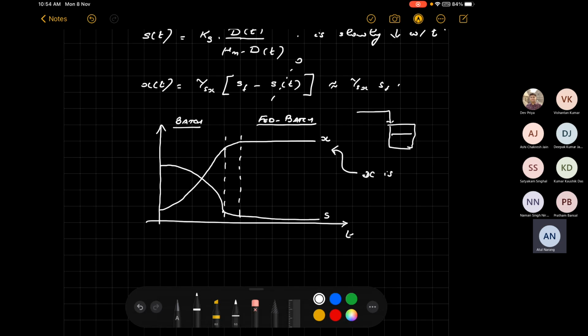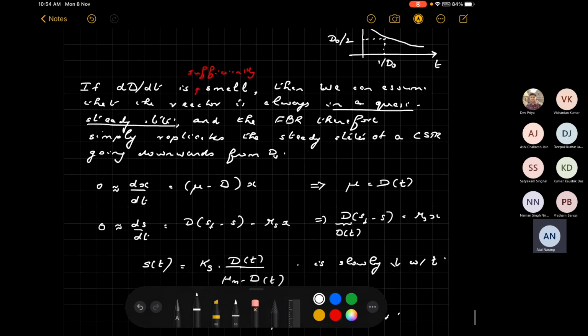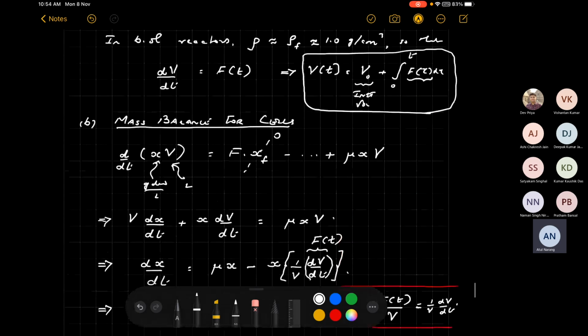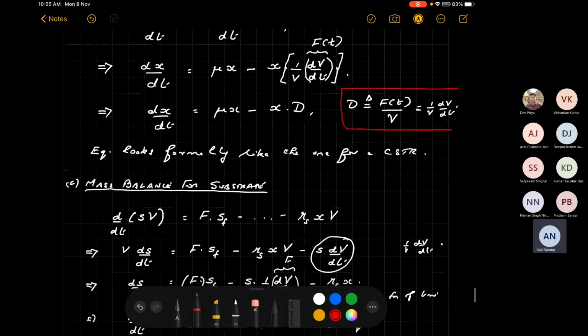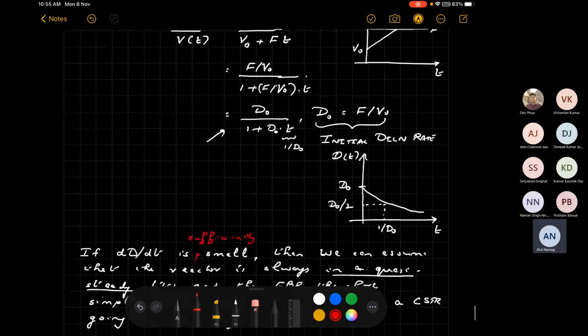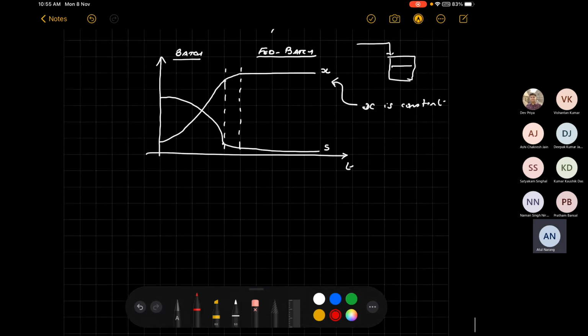X is constant, and this is all under the assumption of Monod's model, no maintenance. If there is maintenance, then X will start to decline after a while, because in the maintenance model, X goes down over here. So as D goes down, X will start to go down. It all depends upon which model is a better representation of what's going on in your system.